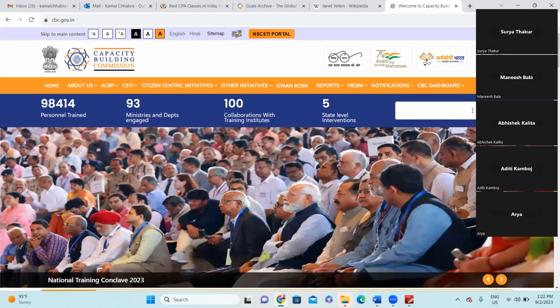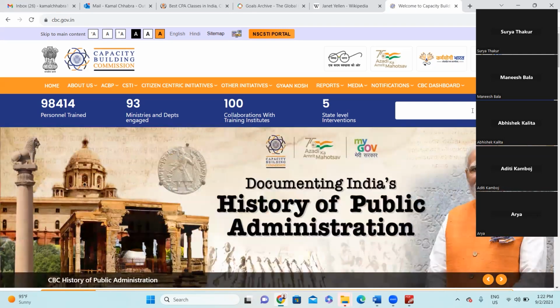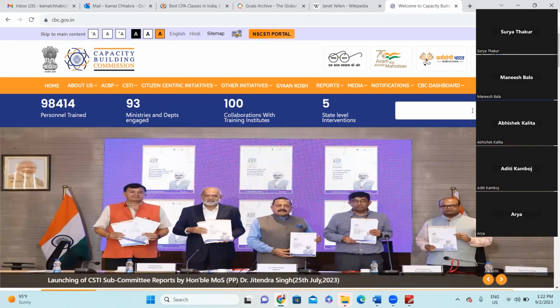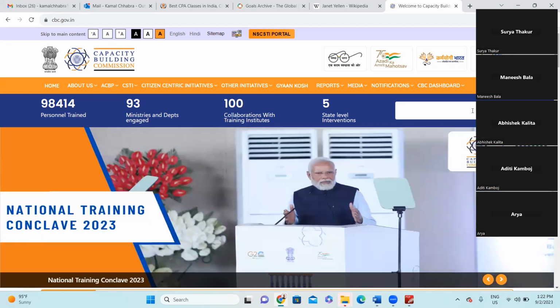So they do trainings for the IAS, IRS, IPS, or the respective government departments, police department, CBI, CID, those kinds of departments. And this capacity building commission, which the Modi government has formed, works in a similar way to how an MNC actually works.